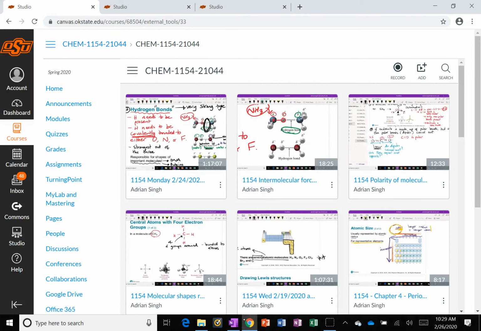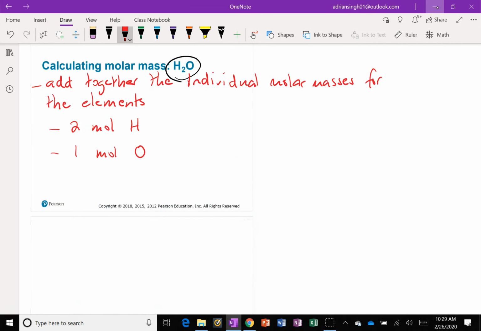So if I have 2 moles of hydrogen, I can look up the molar mass of hydrogen on the periodic table, and I see that every 1 mole of H is 1.008 grams of hydrogen.